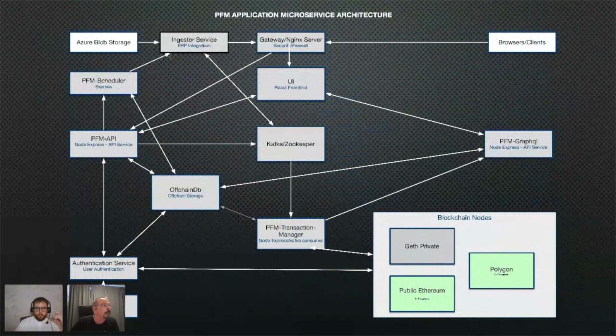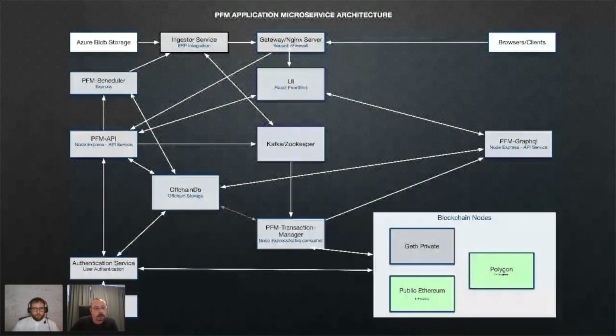We also have in that service a file drop zone, where you can drop CSVs, and basically the ingester service maps those ERP attributes to the attributes that we require in our system, and sends the files for processing down to our Kafka bus, which is in the middle here, and is the main message bus we use for communicating between our microservices and handling blockchain transactions.